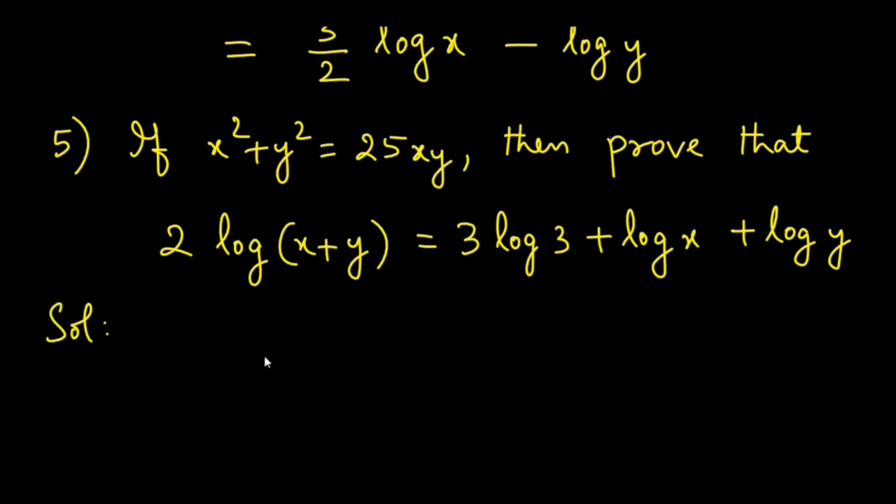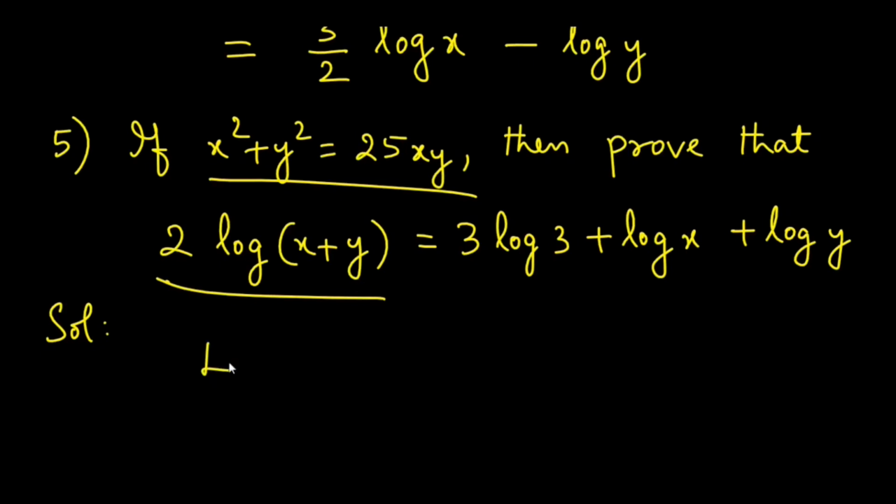Now the solution. Here what is given: x square plus y square is equal to 25xy. Now we are asked to prove something. The left side is 2 into log of x plus y. So let us take LHS.